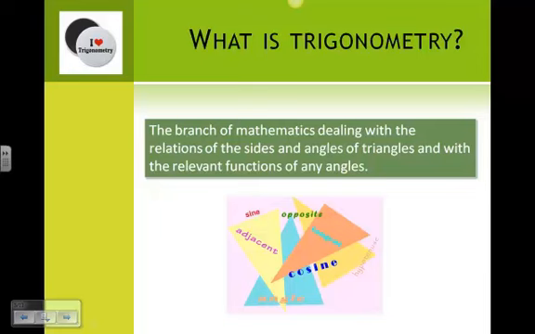So we're going to get into a little bit of trigonometry, and trigonometry is my favorite. It is nothing more than studying the relationship between sides and angles in a triangle. We're going to focus on right triangle trigonometry, but it can be extended to all triangles. So that's what we're going to be looking at with trigonometry.